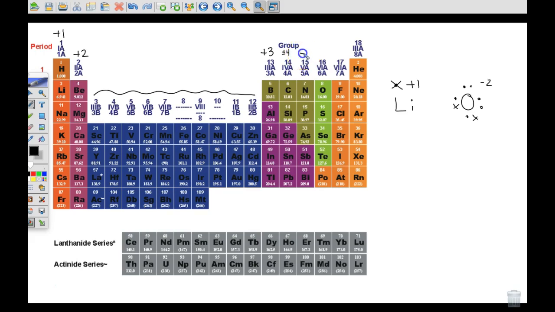Group 15 wants to gain 3 electrons. Group 16 wants to gain 2. Group 17 wants to gain 1. And then the noble gases are stable and don't want to gain anything or lose anything. These numbers that I'm now highlighting in green are known as oxidation numbers, and those are set in stone. So we'll be referencing the oxidation numbers frequently over the next portion of the notes.